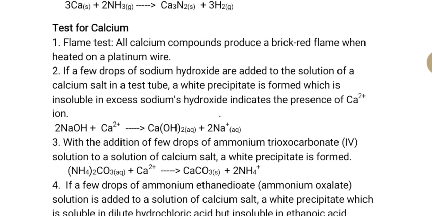3. With the addition of a few drops of ammonium trioxocarbonate(IV) solution to a solution of calcium salt, a white precipitate is formed. (NH4)2CO3 + Ca2+ gives CaCO3 + 2NH4+. 4.